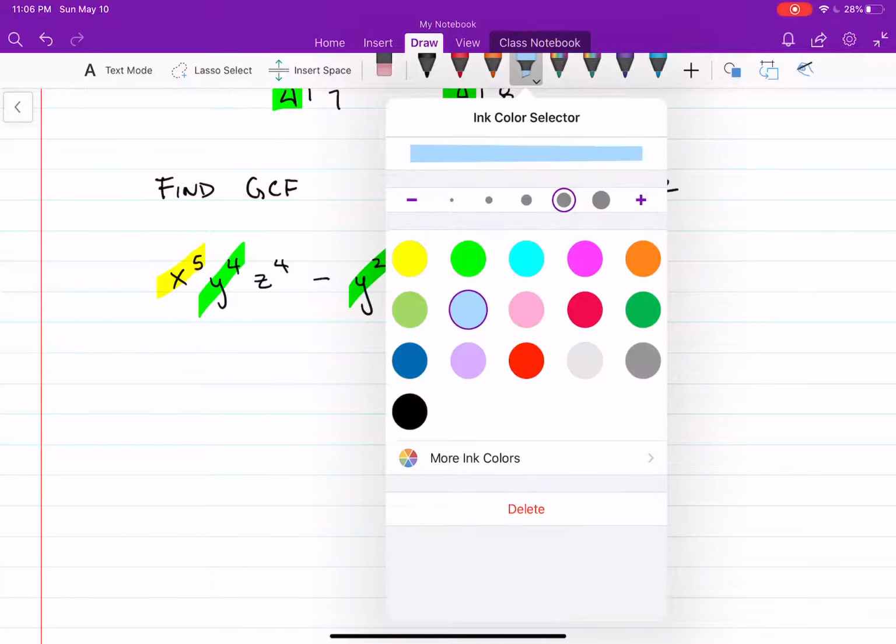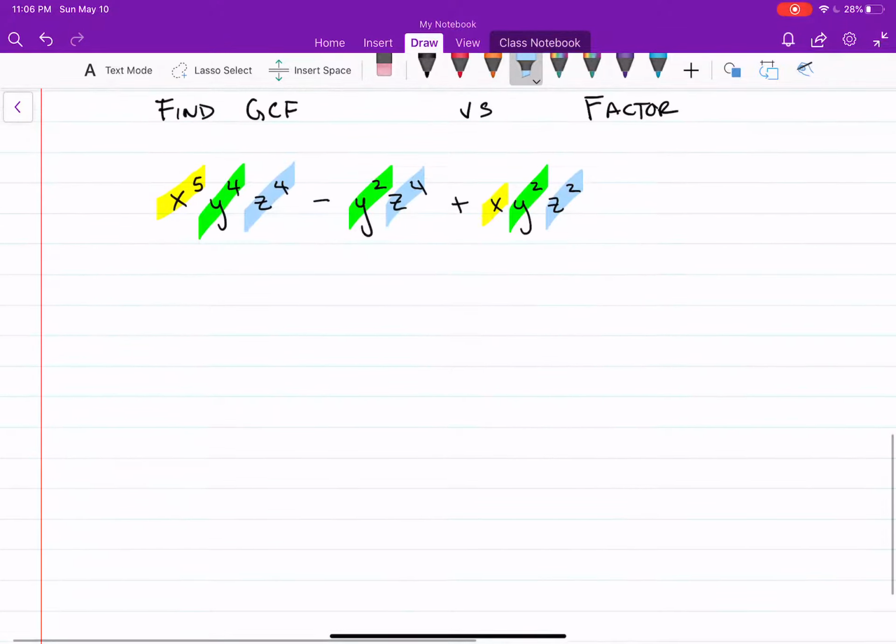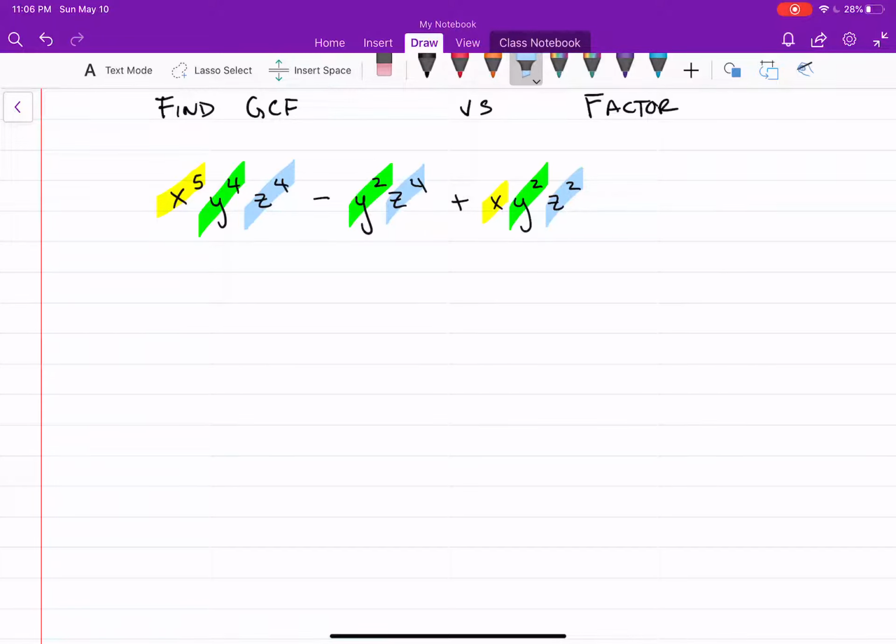Trying to pick some nice colors here. z to the 4th, z to the 4th, and z squared. Okay? So those are the things that we want to look at. All right? So again, there's 3 bins here. All right? So the 3 bins is, let me write it out. How do I want to do this? I'll do it this way.